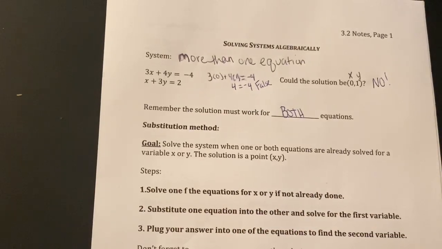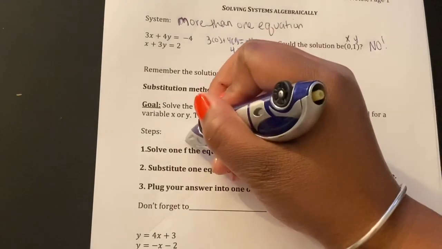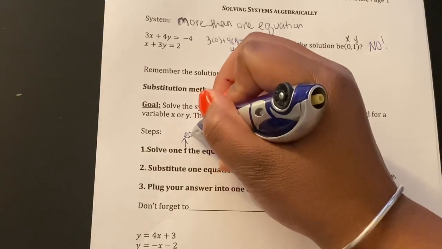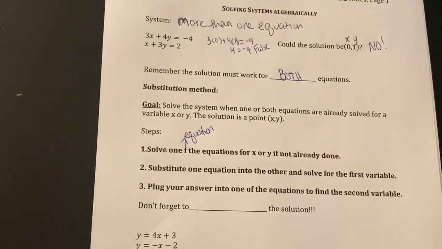So let's look at here. There are 3 steps. The first step is to solve one, and this should say function or equation. Solve one equation for x or y if it's not already done.